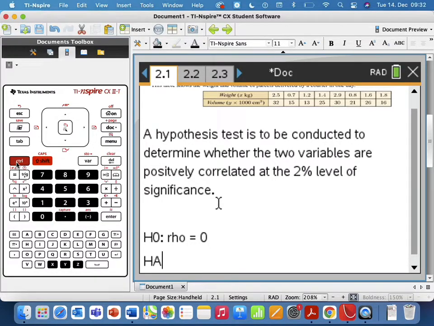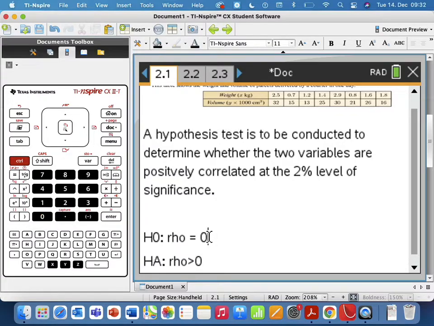Now the alternative hypothesis: sometimes you do a two-tailed test, rho not equal to 0, but the language very clearly states, we can see from the scatter graph that it's positively correlated, so we're testing in one direction for positive correlation. So here we're testing rho is greater than 0.